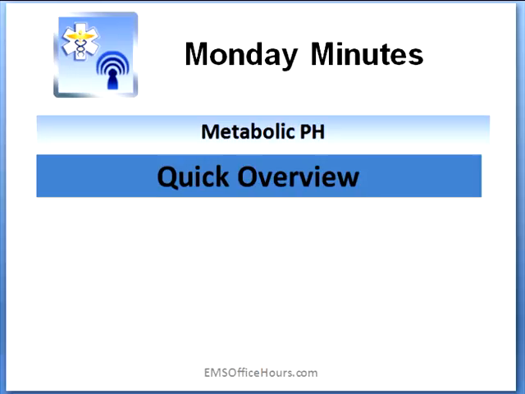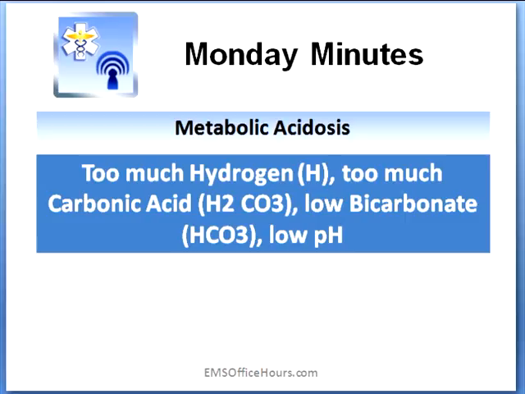Like many of the Monday Minutes, it's broken down to 10 minutes or so based on a much bigger presentation. So keep that in mind, but if there is something that you don't understand in this quick overview, go ahead and crack open that textbook, look a little bit deeper into what you don't understand, so that you grasp it more, and that you can take home these key elements that I'm talking about in these short videos. So let's get into this, guys, and talk about metabolic acidosis.